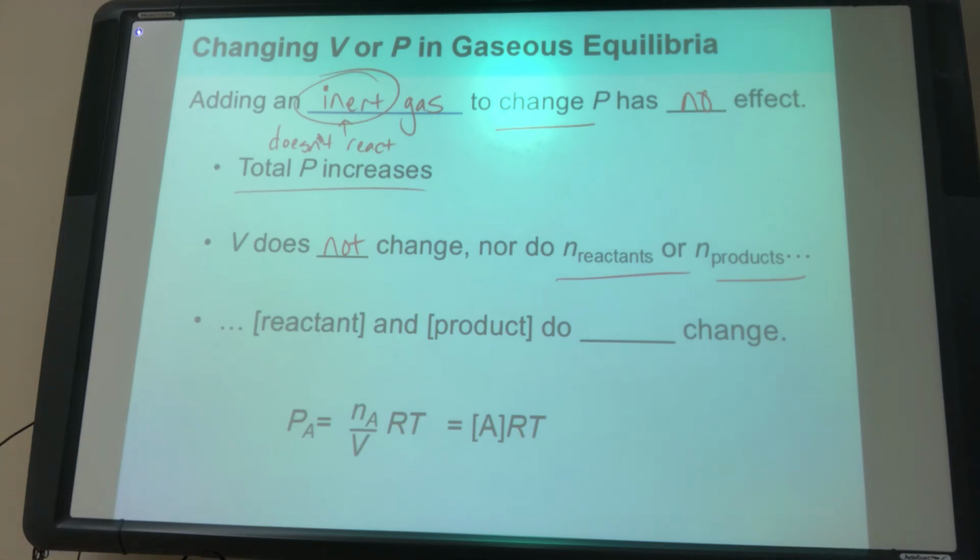I just added the gas to the same container everything else was already in. So I'm changing pressure, but I'm not changing volume, nor how much I have of my reactants or products. So if the reactant moles don't change and the volume doesn't change, then my concentration, which is moles over liters, also does not change.